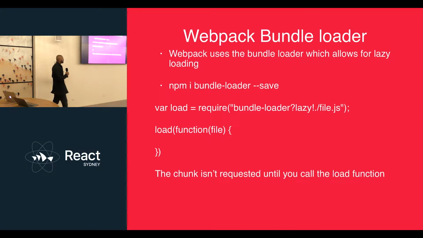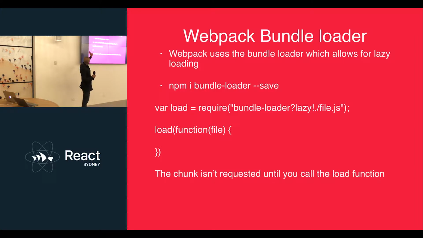Now, how do we do this? React Router 4 uses Webpack loaders, which is basically Webpack's bundle loader. Webpack's bundle loader has been used for a while now. It's quite straightforward. We require, so you know how I have file.js, assume that to be your about file, whatever file it is, right? And that loads in basically a function, which is stored in load.